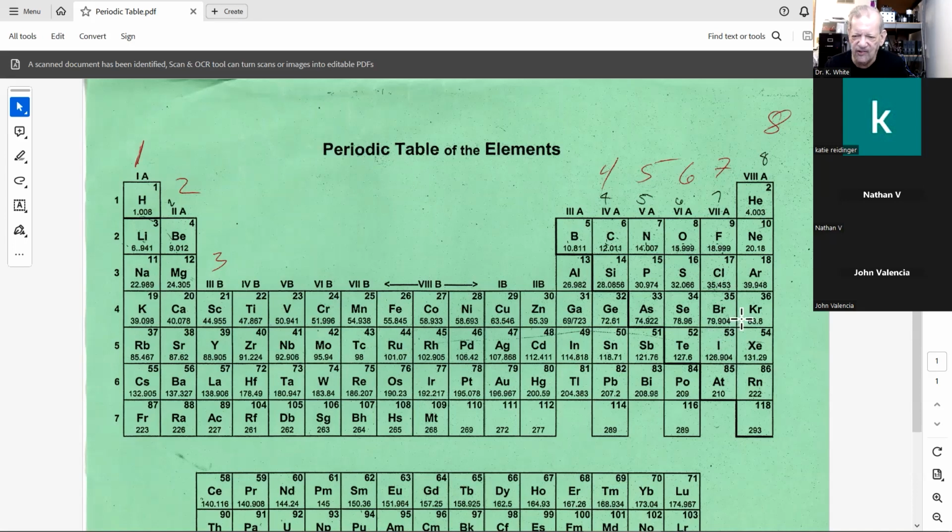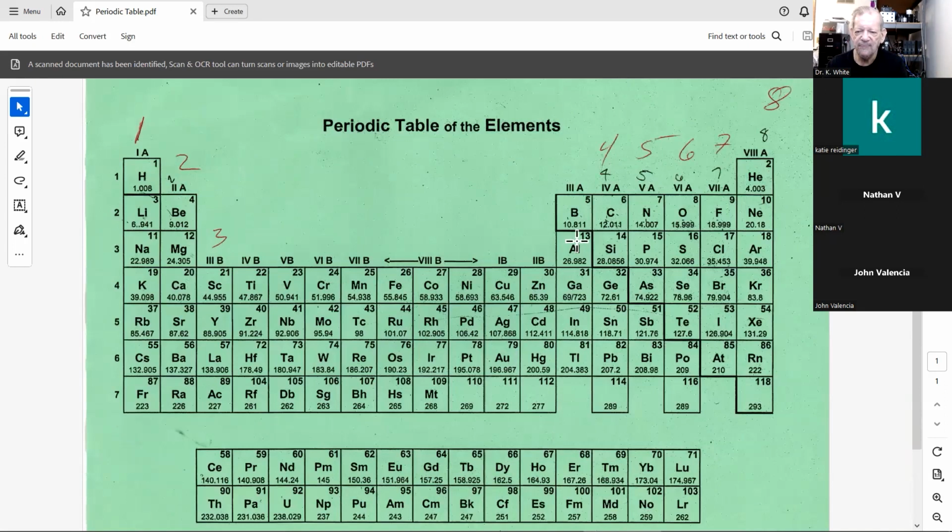Those are the halogens. And all the way over to the right are the noble gases, helium, neon, argon, krypton, xenon. By the way, in our universe, krypton is not a green solid, but a colorless gas, and it will not kill Superman. At least I hope not. And you should know those.